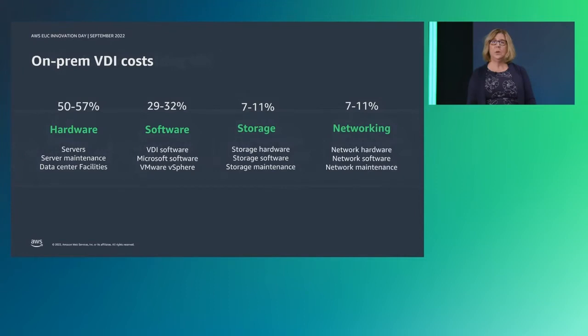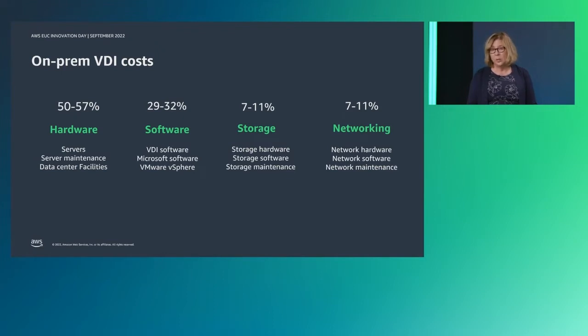When you consider on-prem VDI total costs, there are four main buckets, and these may already be familiar to you. The first and largest bucket is compute hardware and server maintenance. This also includes things such as racks, power and cooling, and data center facility space.